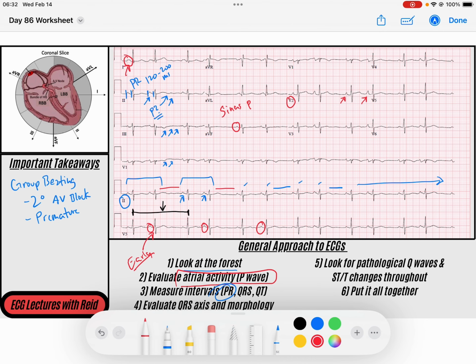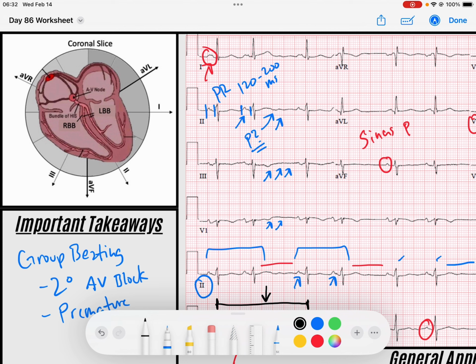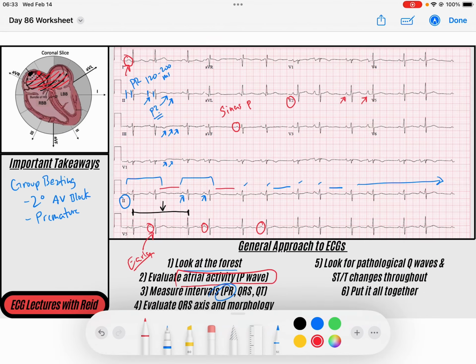So what does that tell me? That tells me that because they're so similar, our normal P wave axis is because the sinus node fires and depolarizes the atria. Well, we could have a premature atrial contraction that comes from an area just next to where that AV node is, and have a very similar wave of depolarization. So that could explain why these premature atrial contractions are so similar in morphology.